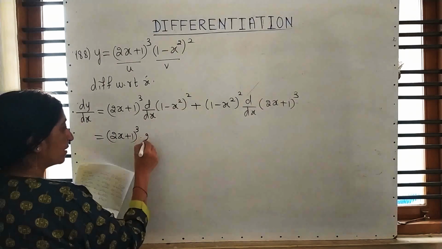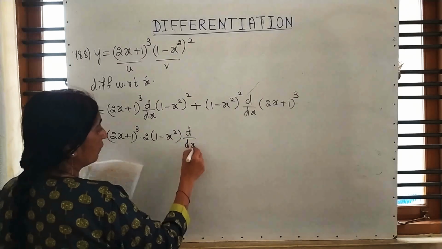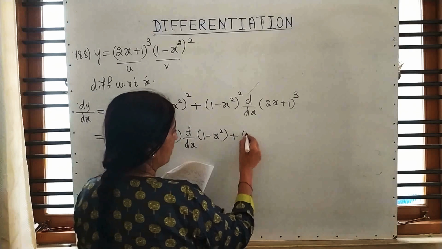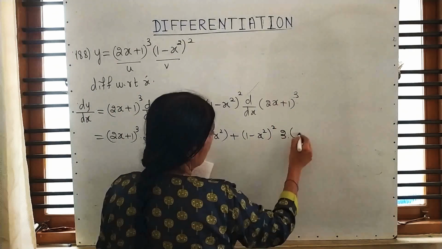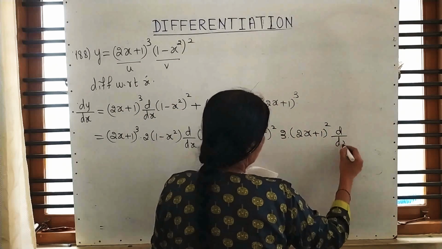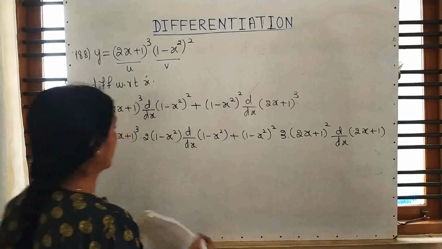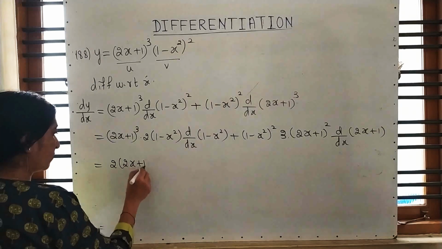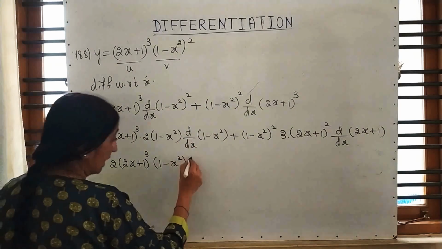First power 2 into 1 minus x square into differentiation of 1 minus x square base, plus 1 minus x square whole square as it is. First power 3 into 2x plus 1 whole square into differentiation of 2x plus 1. 2x plus 1 whole cube, 1 minus x square in the bracket.